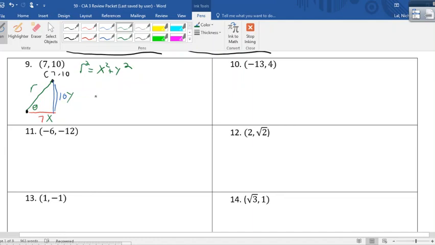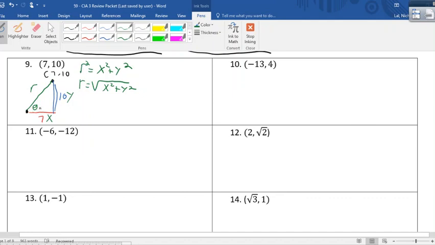We also have our secondary version of this formula, where we just take the square root of each side, so r is equal to the square root of x squared plus y squared. That's one formula.